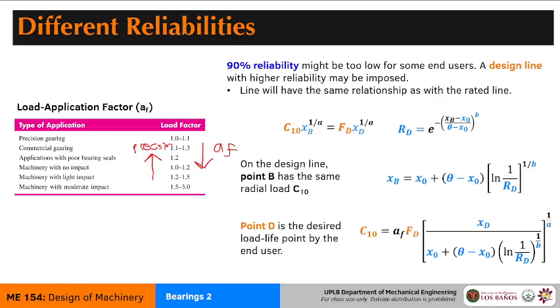However, to give yourself some allowance, some leeway, for example here, if you are working with shop equipment that experiences moderate impacts, you might be expected to increase the application factor to this level. So again, just take note, when the precision requirements for the application increase for the bearing, your application factor gets closer to 1.